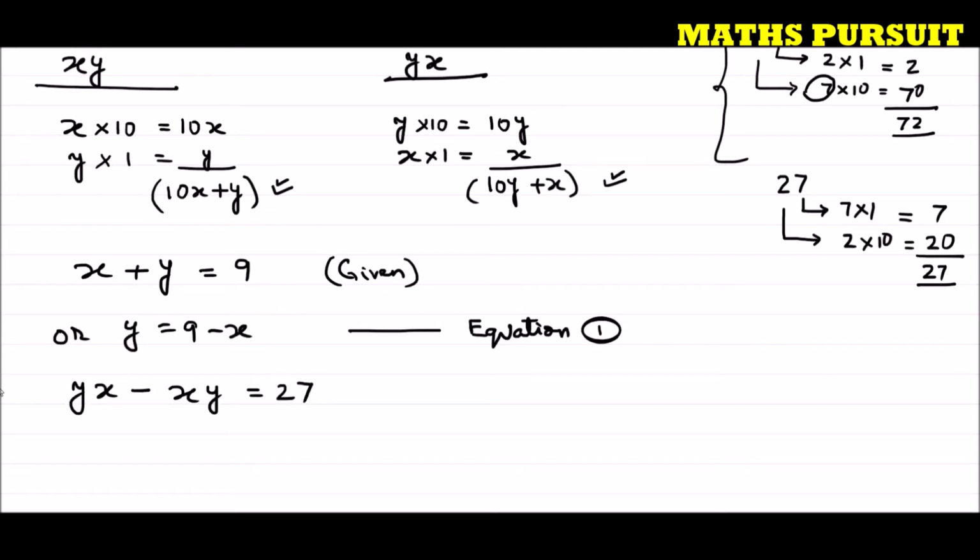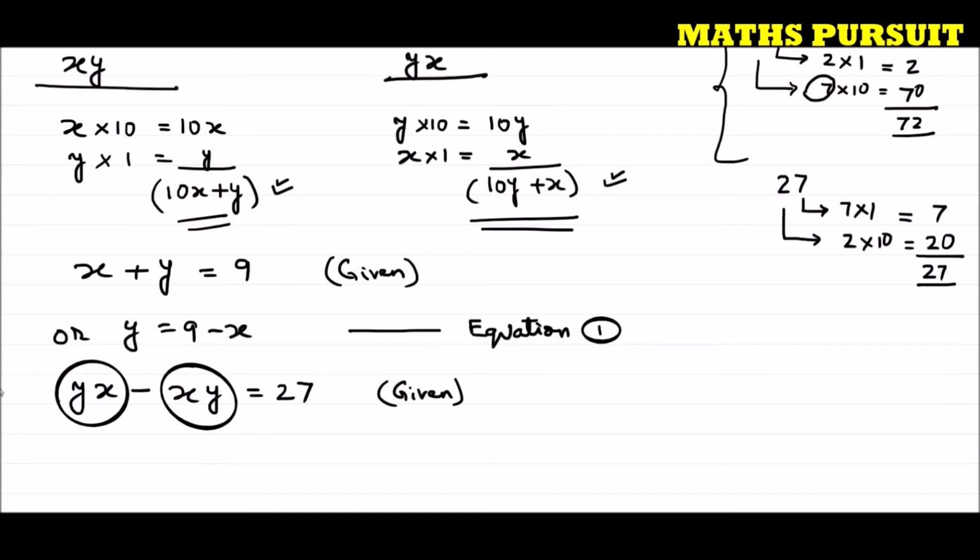Now guys, this is what is being given. Let me note it down. As we discussed earlier, we need to replace this yx with 10y plus x, and we need to replace xy with 10x plus y, because these numbers are actually represented in this way.